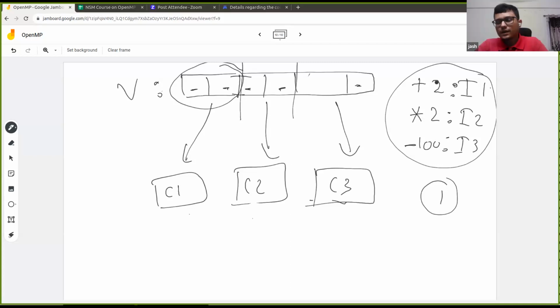Our job here was to perform these three instructions on this vector, and I was trying to extract some parallelism out of that. So we can either divide the instructions or we can divide the data. That was what I was trying to derive. I hope that was clear. Okay, let us move back.